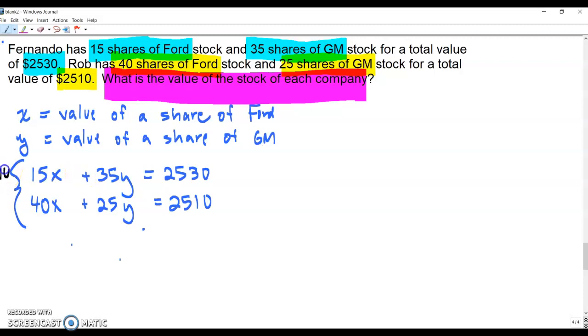If I multiply the top equation by 10, I get 150X plus 350Y equals 25,300. Okay, so how many times does 25 go into 350? I'm going to get the calculator out. 14. So I'm going to multiply the bottom equation by a negative 14.